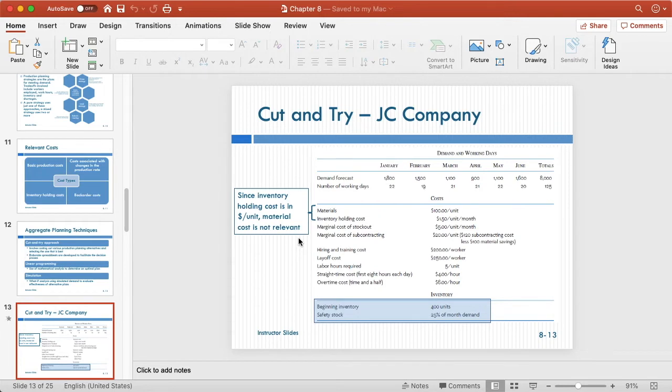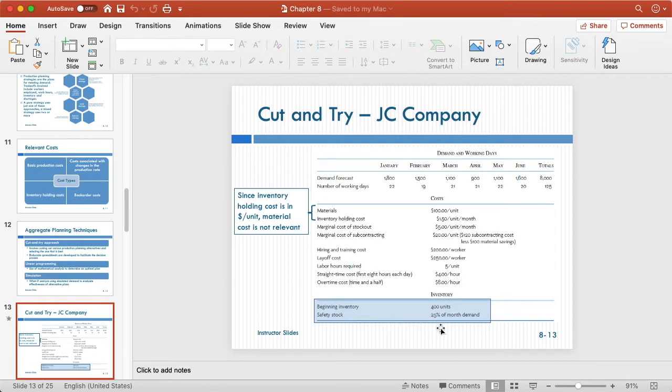All right. It also tells you at the end of this table that the beginning inventory is 400 units. And the safety stock: in inventory management, the purpose of having safety stock is to prevent the risk of demand fluctuation.